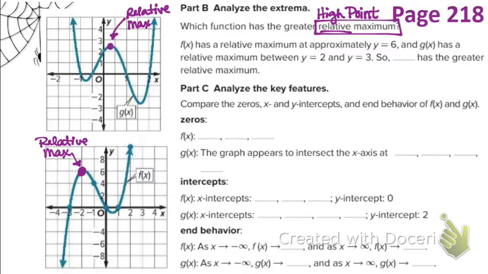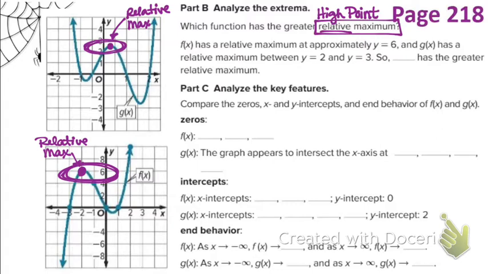So which one has a higher relative maximum? Second one. Why? Because the height is 6. This one is at a height of about 6. This one is somewhere in between 2 and 3, so like 2.5 or something. 6 is a bigger number than 2.5.